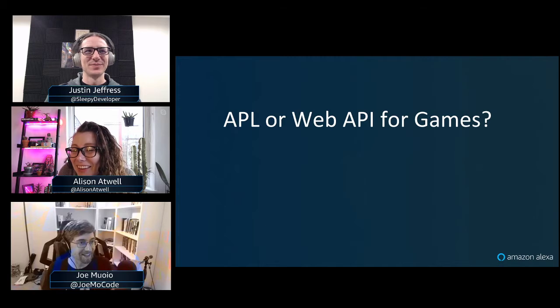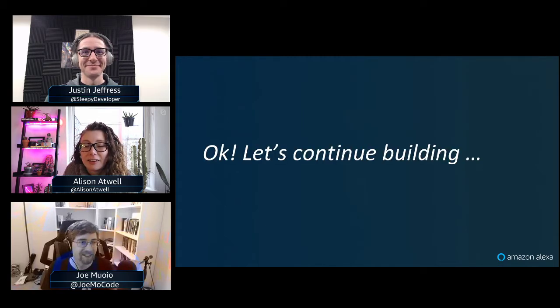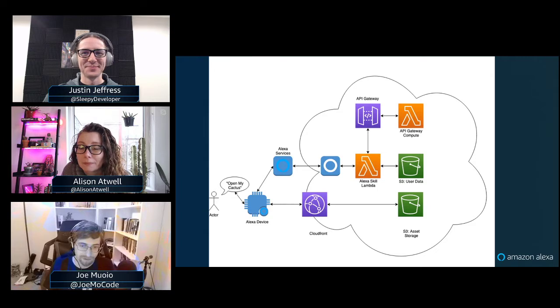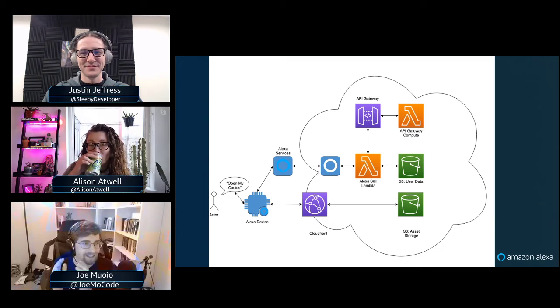So let's continue building and look at some of the things that we've done with this, and how we've translated some of these design things we're talking about into code. All right, just a refresher here, we have our architecture, and the bulk of the skill data, the skill interactions, is still living in the Lambda.